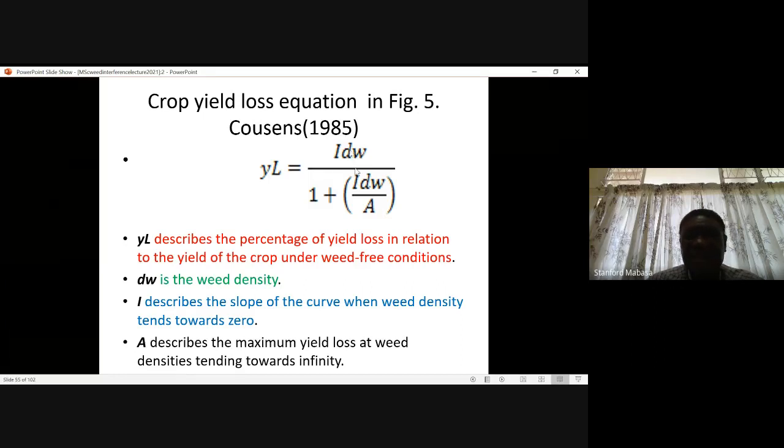Now it's slope multiplied by weed density divided by 1 plus everything in brackets.